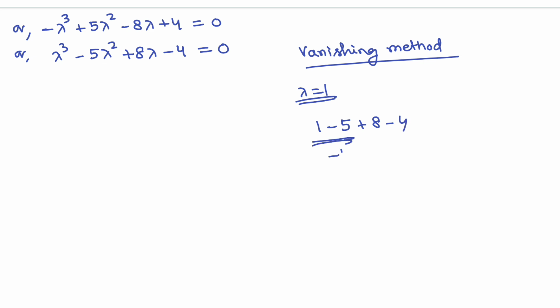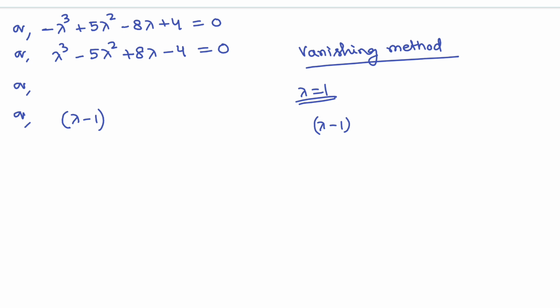From here this is minus 4 and from here this is plus 4, so obviously 0. That means lambda equals 1 satisfies the equation, so lambda equals 1 is a root of the equation. So obviously lambda minus 1 is a factor of this equation. So let's solve.